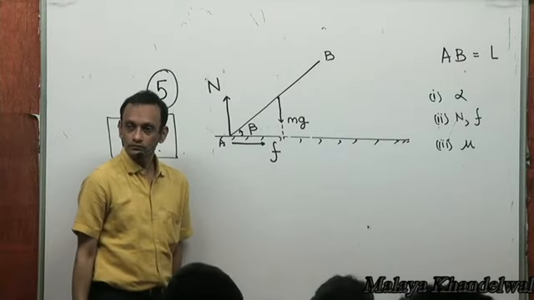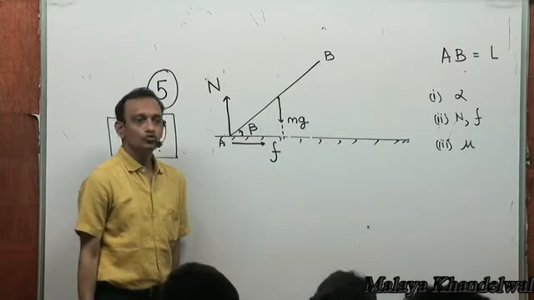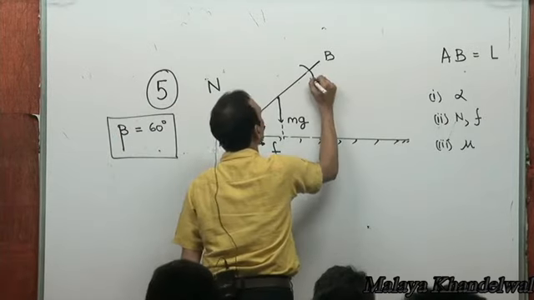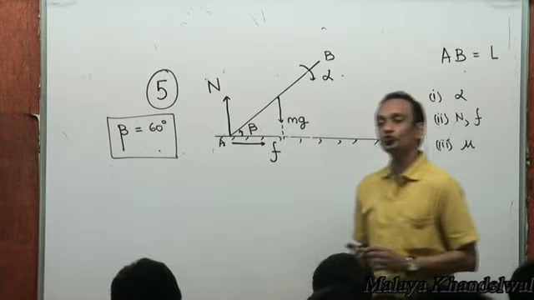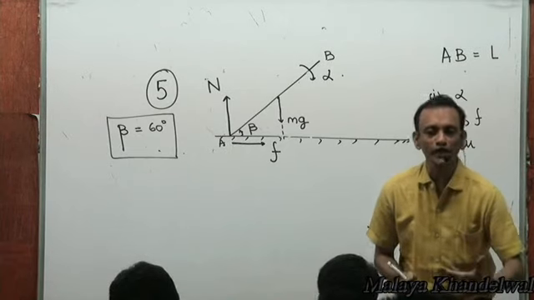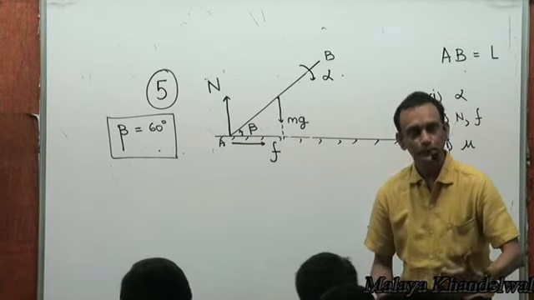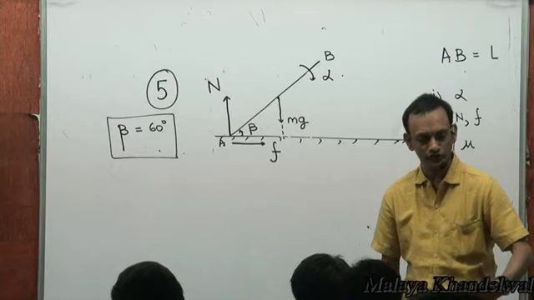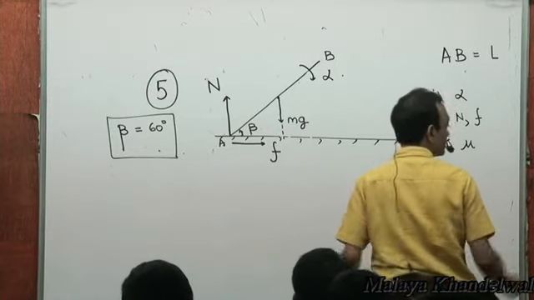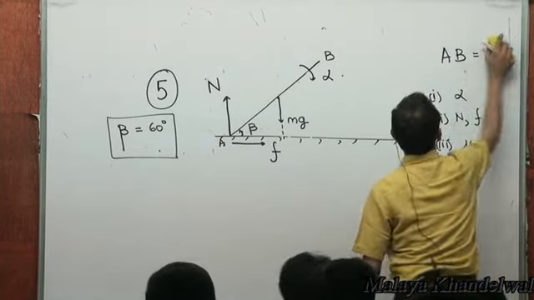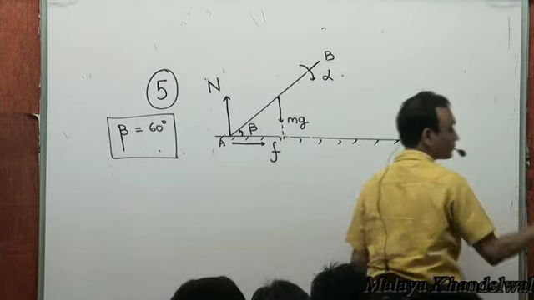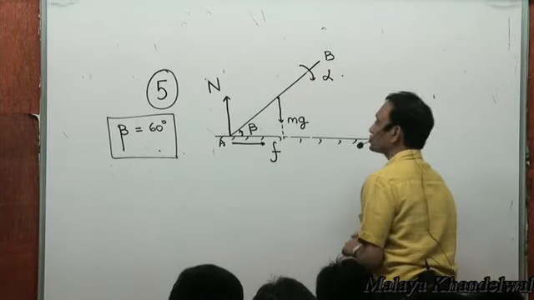Right? So to find the angular acceleration alpha, what would I do? Tau equal to I alpha about A. Tau equal to I alpha about one end of the rod is what I'm going to do, right? What is torque about A?